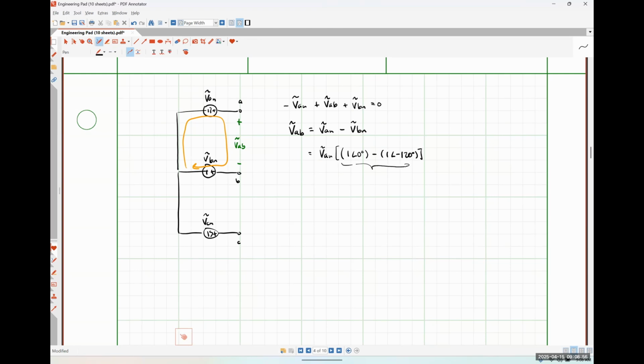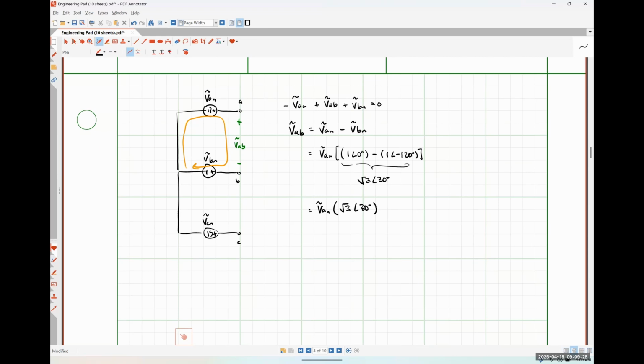And this guy right here is literally just the square root of 3 with an angle of 30 degrees. So that tells me that VAN multiplied by root 3 angle 30 degrees is my line voltage. So to go from a Y style voltage to a delta style voltage, we multiply by root 3 angle 30. And then to go the other way around, we obviously divide by root 3 angle 30.